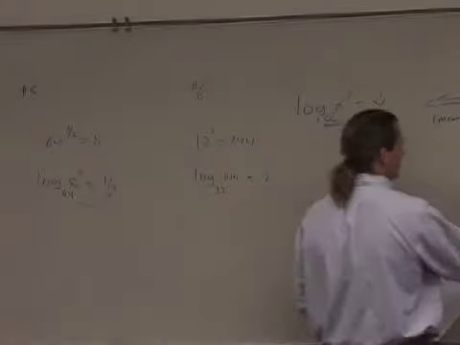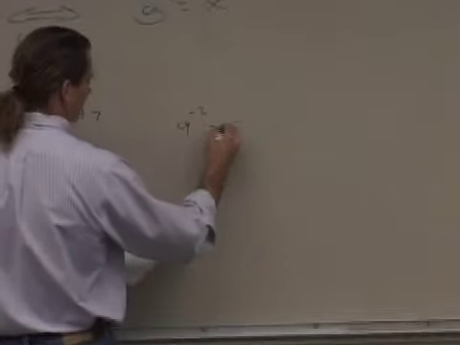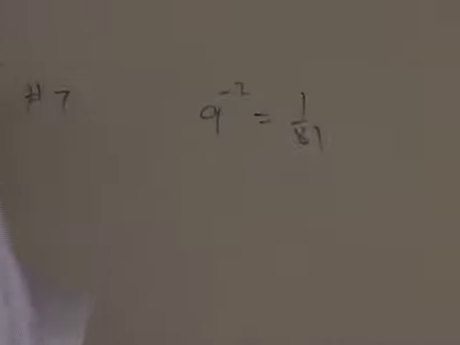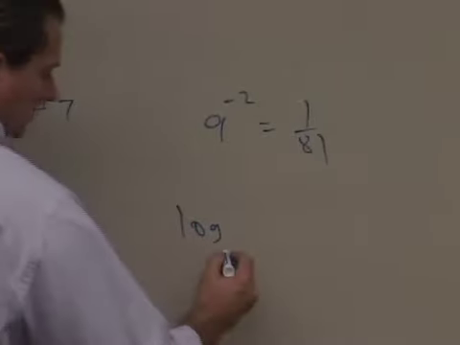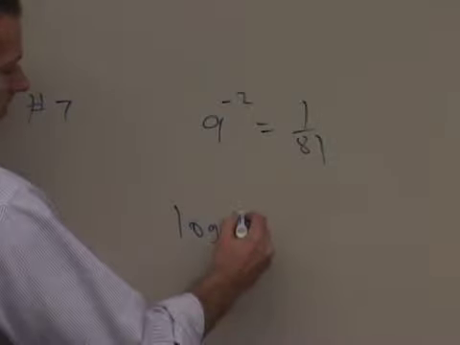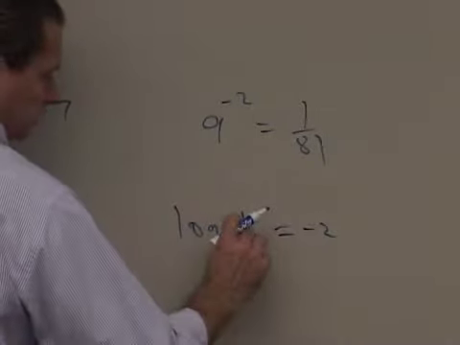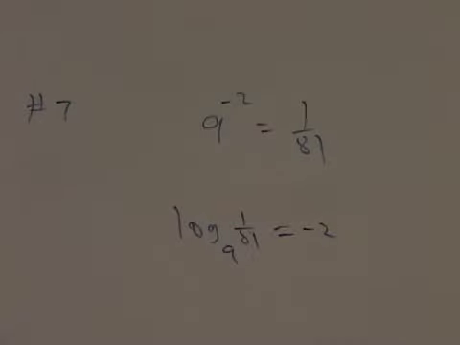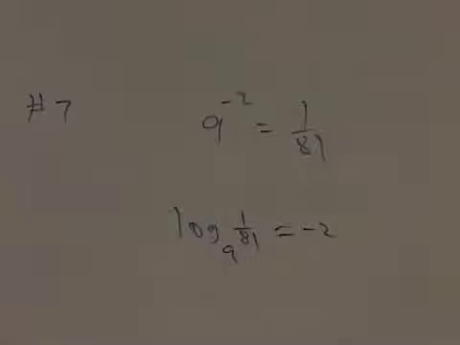Number 7. 9 to the -2 is equal to 1/81. So here's log, base what? Of 1/81 equals -2. That's 8. Okay, now let me just do the last one.